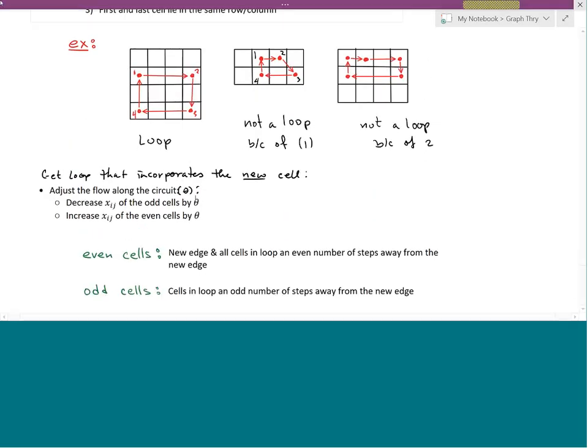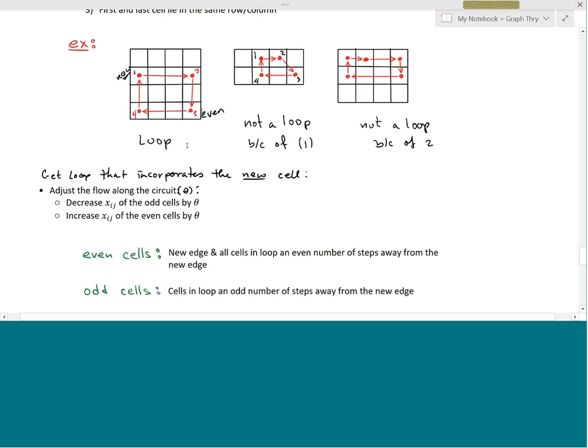So, for example, if that cell that we labeled with a 1 is actually the new cell, the other even cell would be this one over here. Why? Because it's 1, 2 steps away.